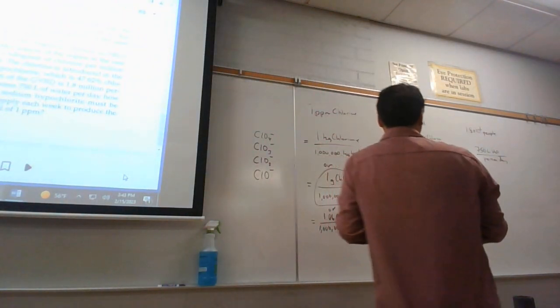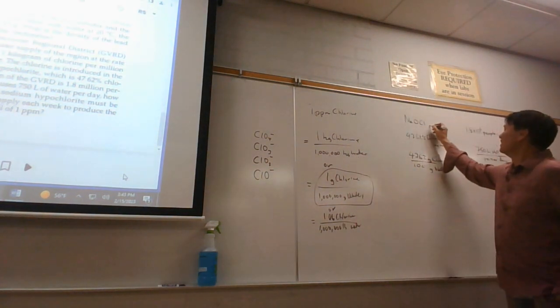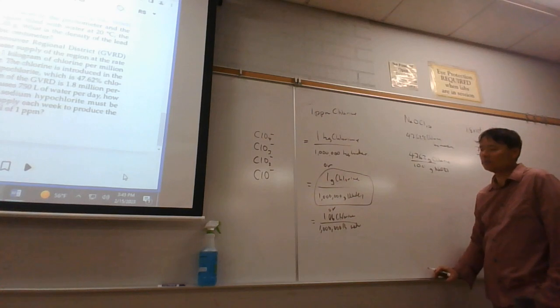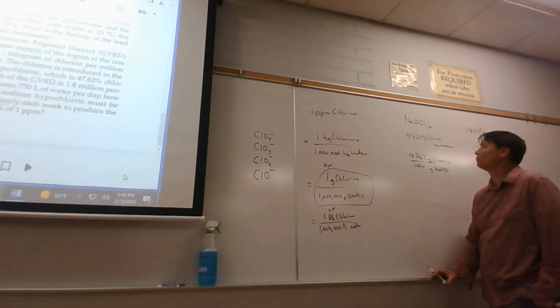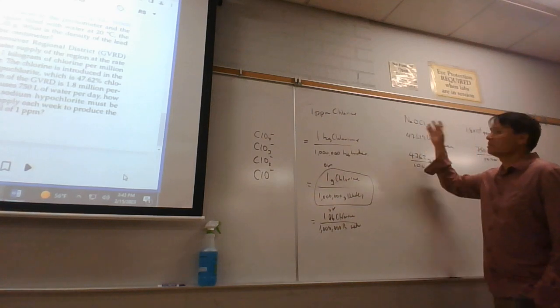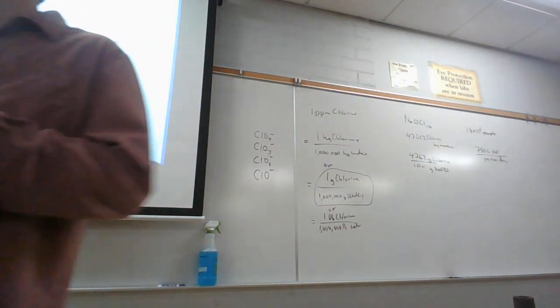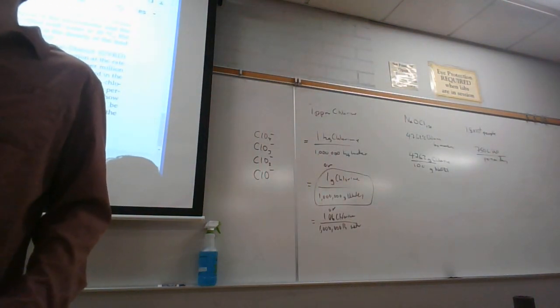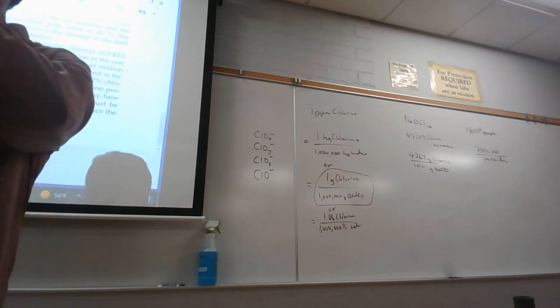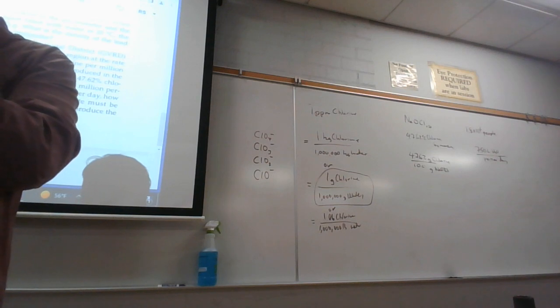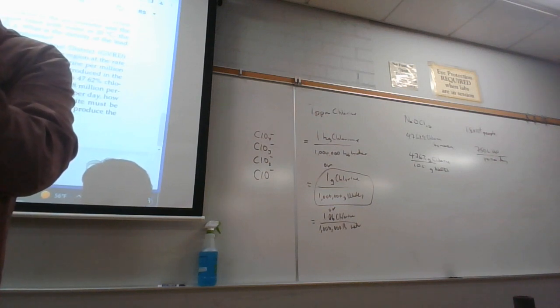Well, they're going to add solid sodium hypochlorite, not a liquid bleach solution. So we're going to assume that when you add the solid, it doesn't change the volume significantly. And that's going to make it from a 2 unknown to a 1 unknown problem.